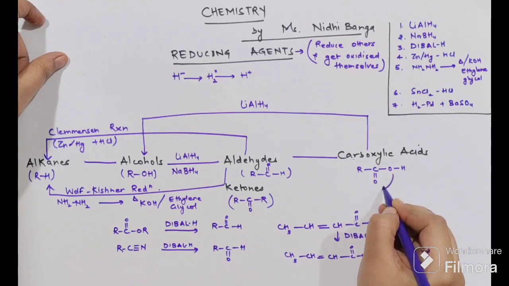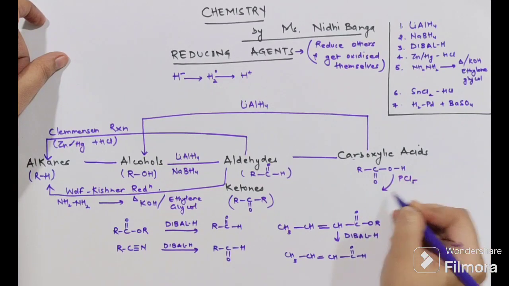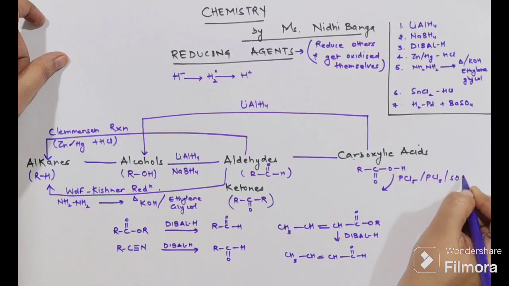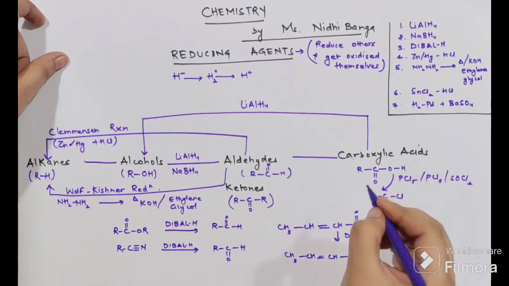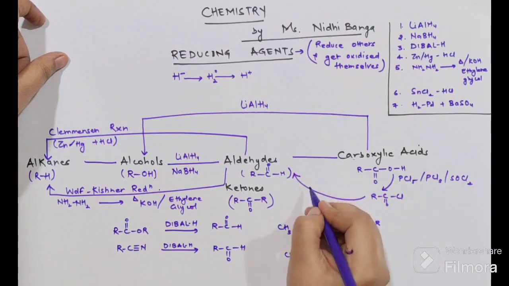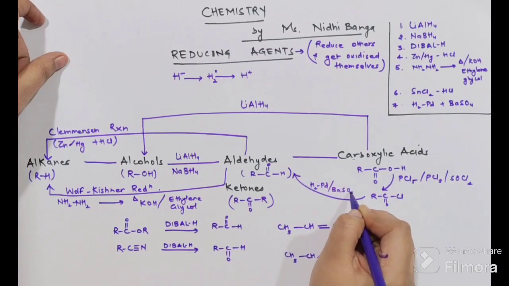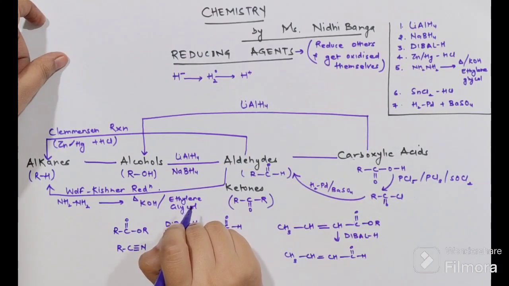You can first convert this into acyl chlorides by using any of the chlorinating agents like PCl5 or PCl3 or SOCl2, which will give you RCOCl. This, upon reaction with hydrogen and palladium in presence of barium sulfate, this reaction is called Rosenmund reaction, will convert acyl chloride into aldehyde.